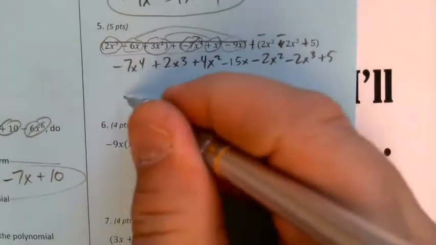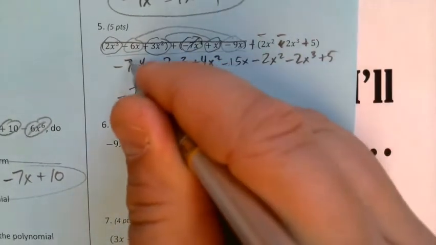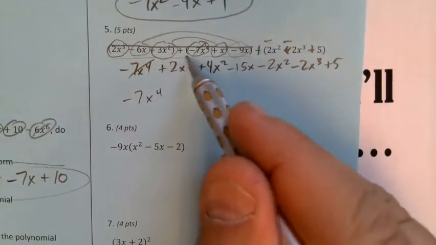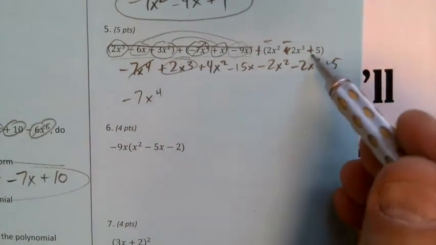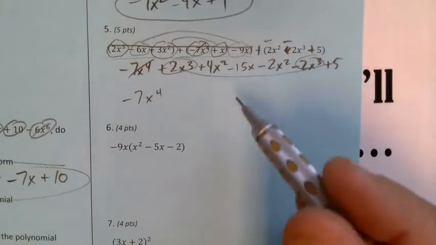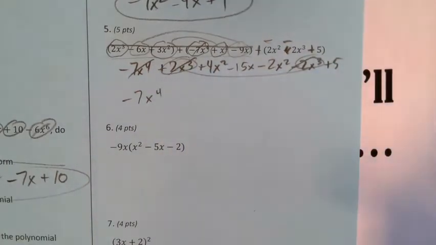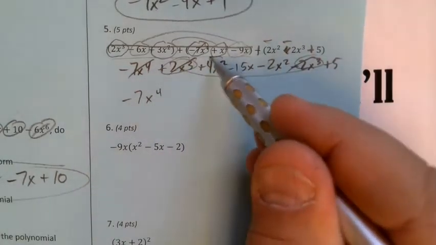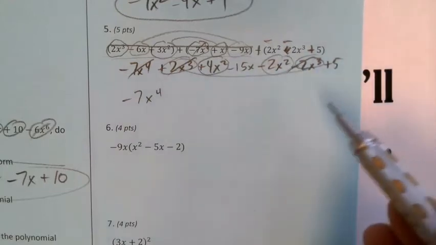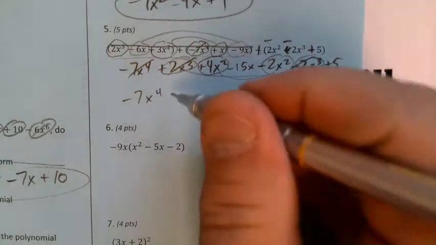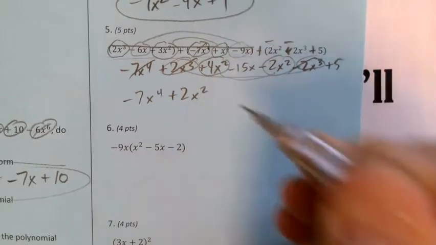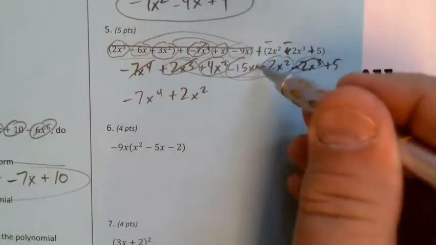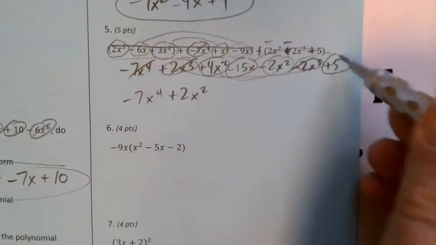Negative 7x to the fourth: there's nothing else like that, so that's done. 2x cubed. Oh, I saw one: minus 2x cubed. Well, 2 minus 2 is nothing, so those cancel each other out. 4x squared is like minus 2x squared. 4x squared minus 2x squared is positive 2x squared. Good. Negative 15x is like positive 5.